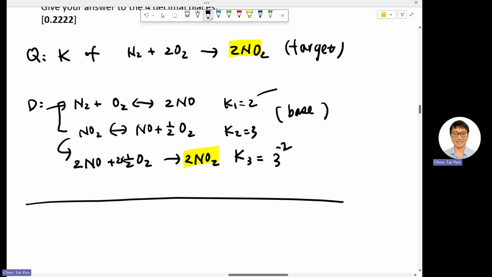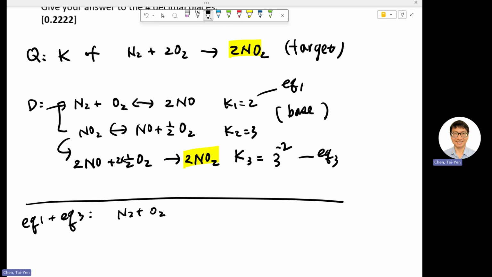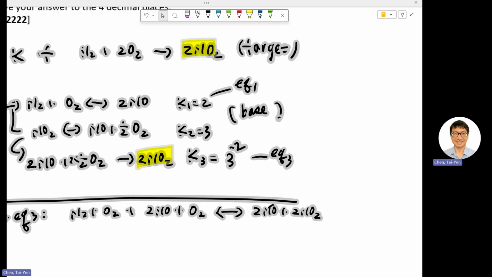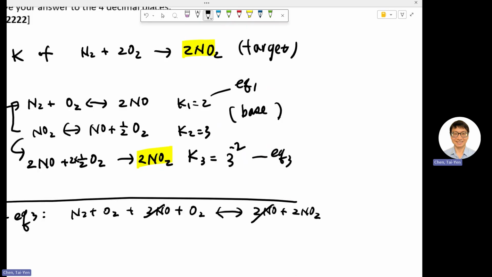Okay? And then once you see this, you start trying to add up the first and third equations. So this is your equation 1, equation 3, right? If you add up equation 1 and equation 3, then you're going to get N2 plus O2 plus 2NO plus O2. That's going to give you 2NO plus 2NO2. Okay, so I just add up all the things together. Then I start to cancel, since 2NO shows up on both sides. It cancels out, right?